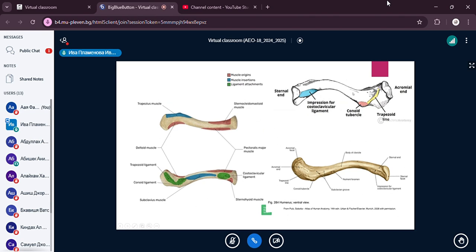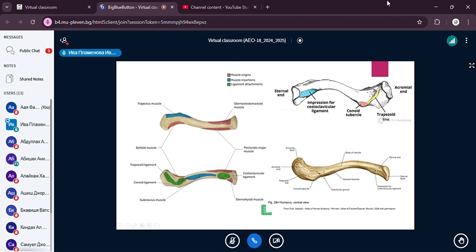That's the lower surface of the clavicle. So you can see again the impression for costoclavicular ligament, tuberculum conoideum, and linea trapezoidea. Near to the sternal end is this impression, near to the acromial end are tuberculum conoideum and linea trapezoidea.